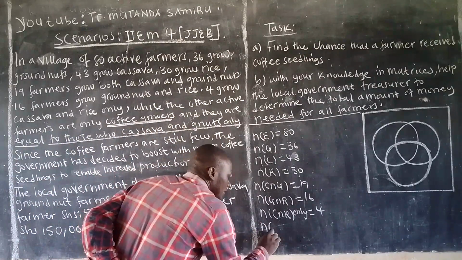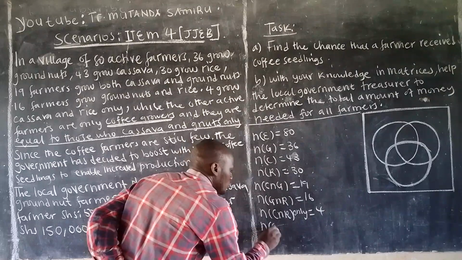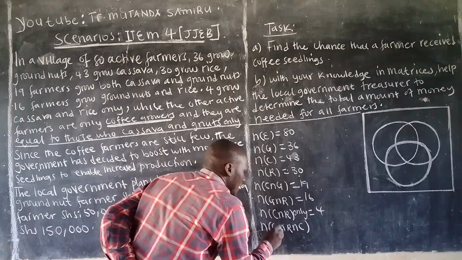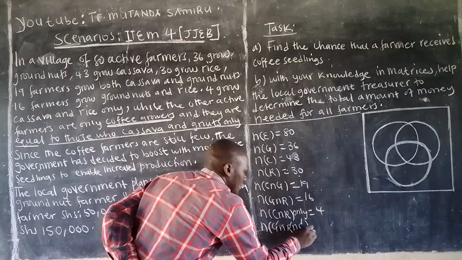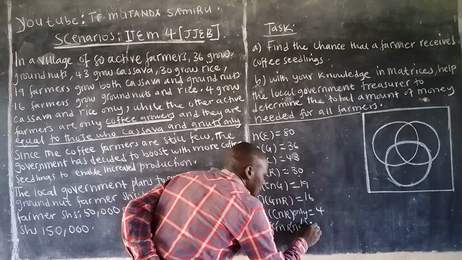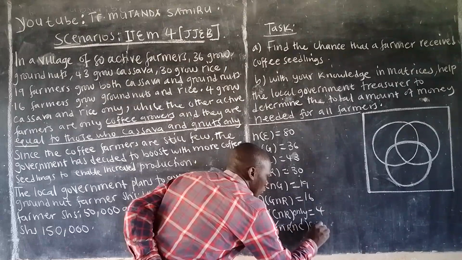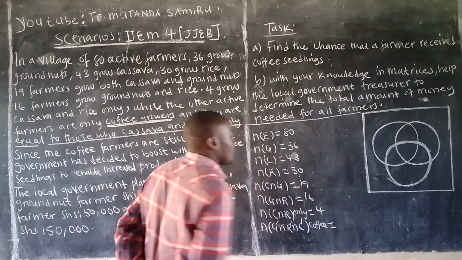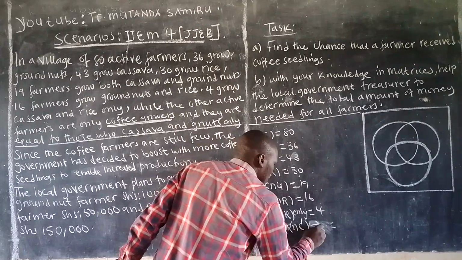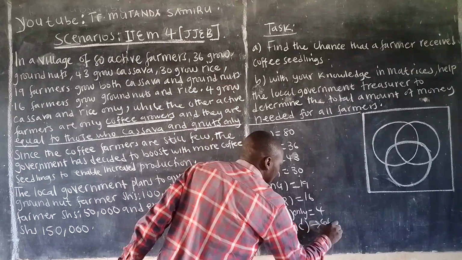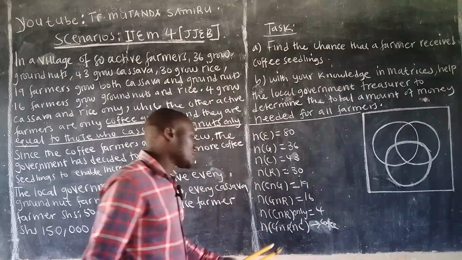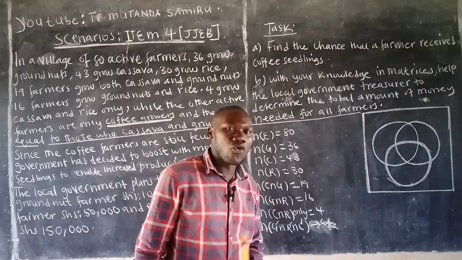That number in G intersection R intersection C, complement, like this. In simple terms, these are coffee growers. Let me define it for you here. Those ones who grow coffee, such that you understand it very well. The ones which must appear here are the ones who grow coffee.